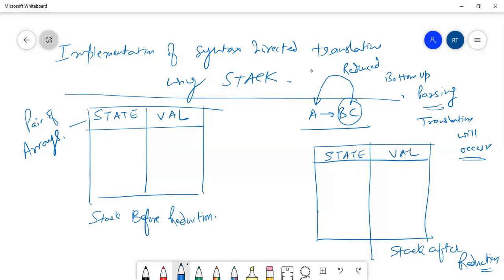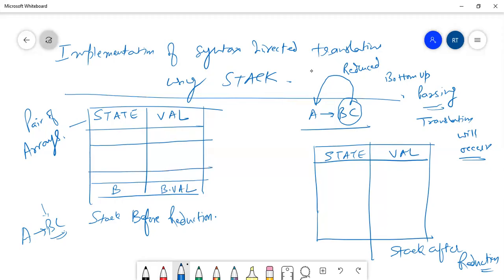So before reduction, if we have a production rule like A tends to BC, what is in the stack? I will write here. First of all, the first entry is B, with its corresponding value B.val.